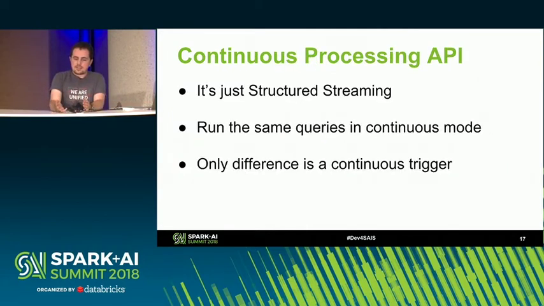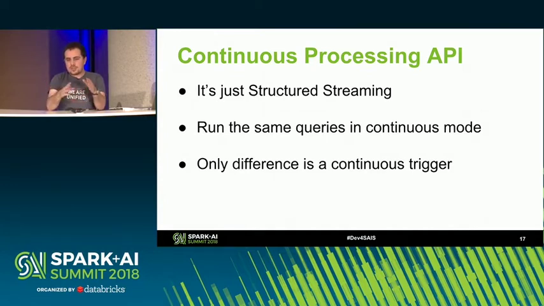So the API for continuous processing, as I mentioned before, is really just structured streaming. It's the same queries you run in a continuous mode instead of the microbatch mode. The only difference is what you currently specify as a microbatch trigger: you say at this interval I would like Spark to try to run a new microbatch.